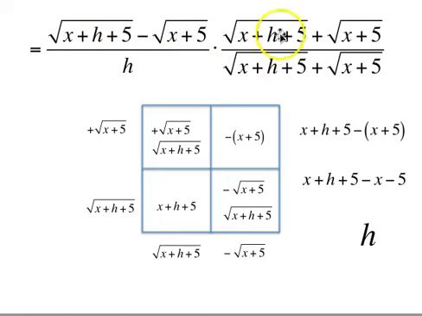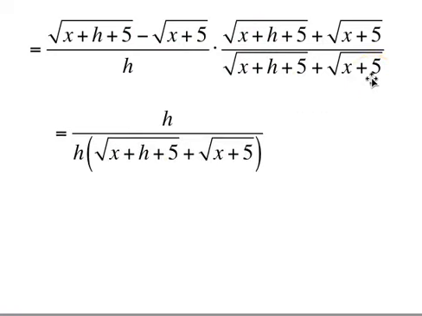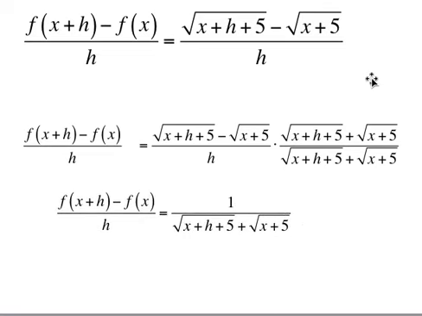So on top, all that's left is h. On the bottom, I have h times square root of x plus h plus 5 plus root x plus 5. And you'll notice the h's cancel. Those go away. h over h just gives me 1 over root x plus h plus 5 plus root x plus 5.